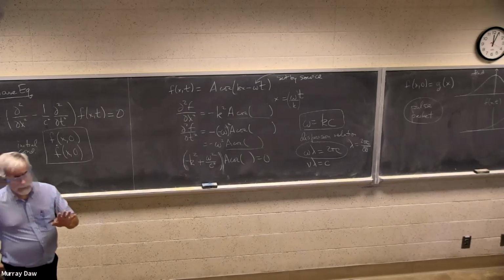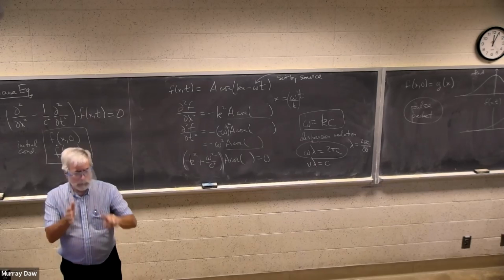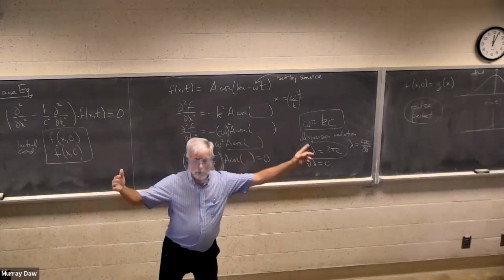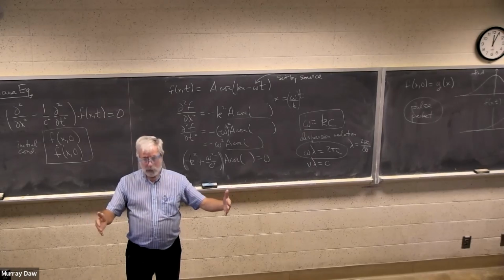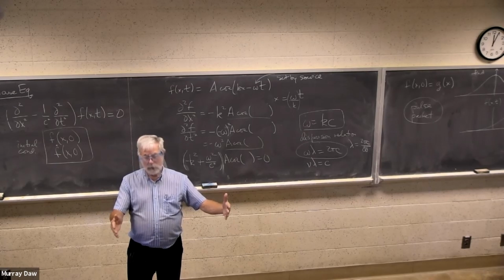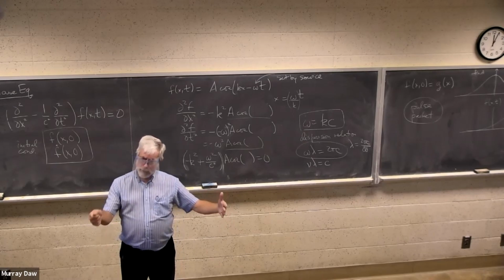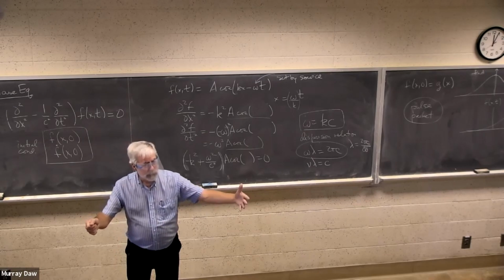Right? You can see how this works. The source is doing this. The wave is propagating outward from the source. So the distance that the wave travels is determined by the speed. So the distance from maximum to maximum is determined by how long it takes for the source to come back to its max and how far the wave has traveled in the meantime, the wavelength.